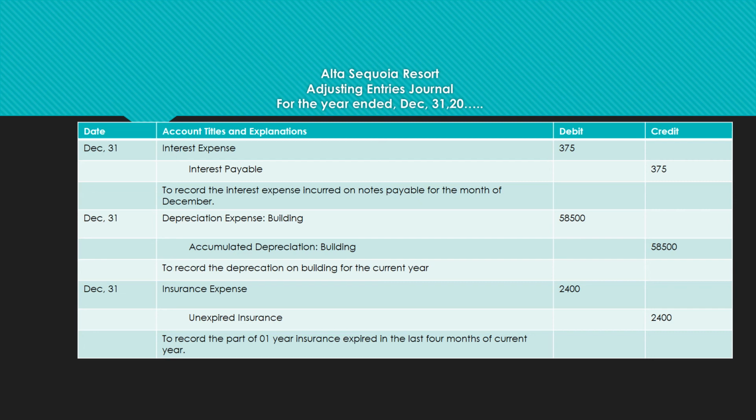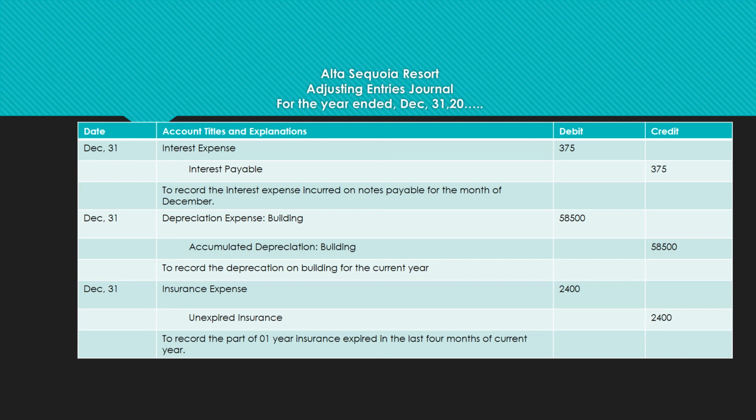So we will record on debit side depreciation expense building 58,500 and we will credit the contra asset account, which is called accumulated depreciation, on credit side, and we will write credit title accumulated depreciation building 58,500. Explanation will be to record the depreciation on building for the current year. That's all about transaction F.